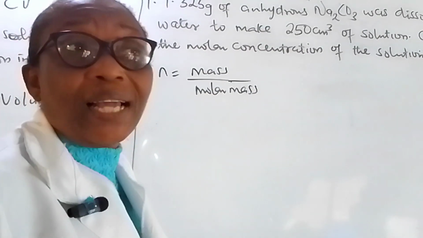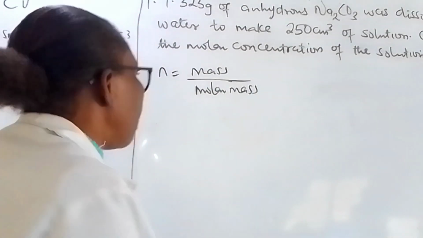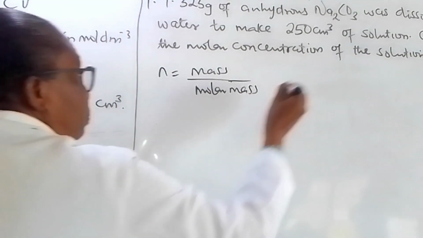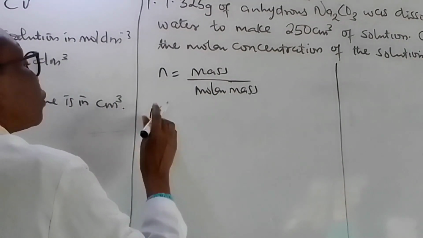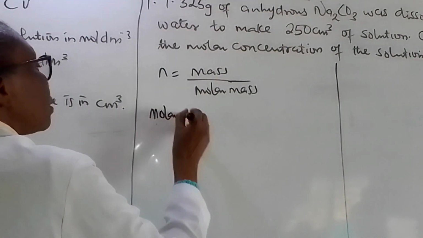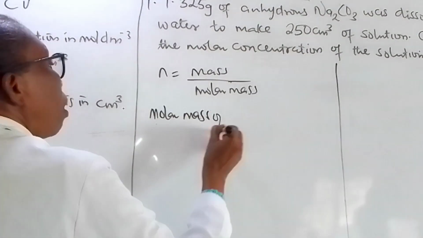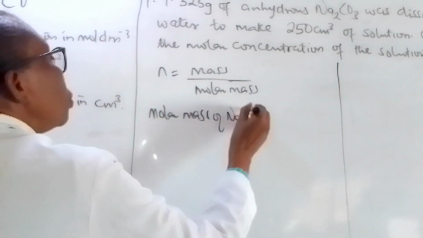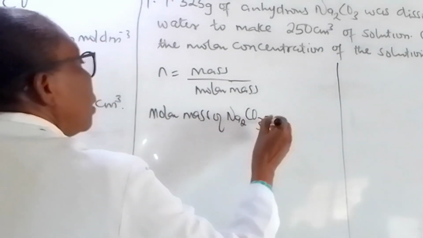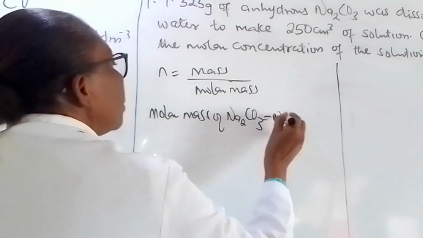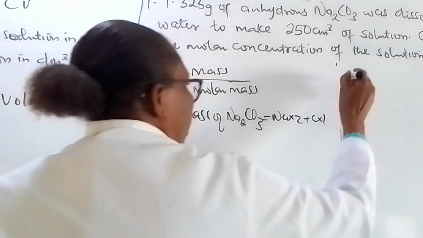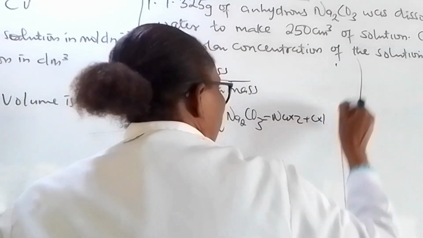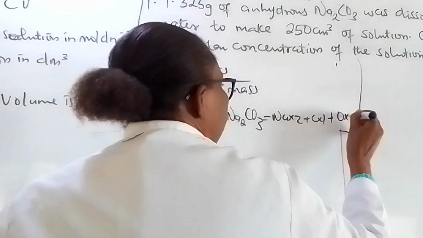So first of all, we calculate it. The molar mass of Na2CO3 is Na times 2 plus C times 1 plus O times 3.